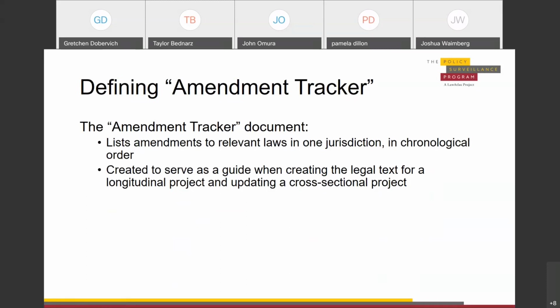Each entry into the amendment tracker reflects one version of the law that must be collected, built, and coded in order to measure the law across the time period included in the project. The next slide includes a sample of an amendment tracker used in a distracted driving law dataset. Get a feel for longitudinal building before spending too much time here.